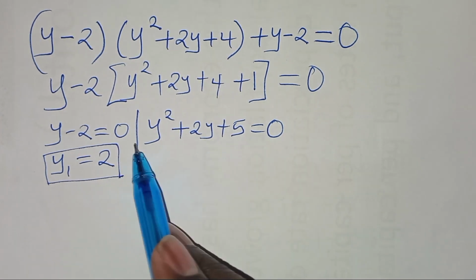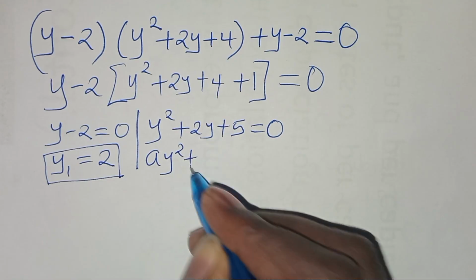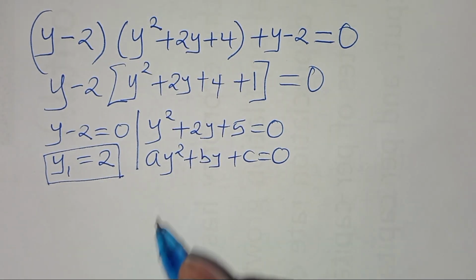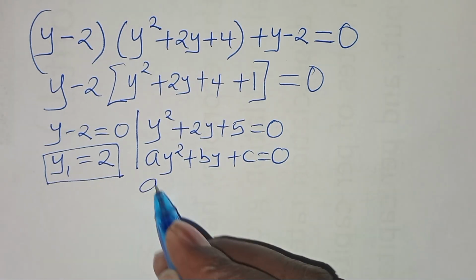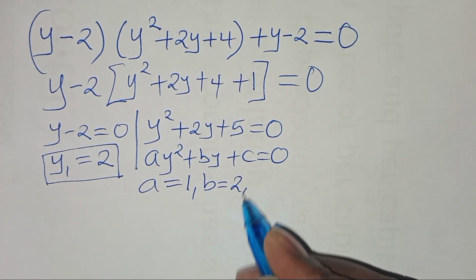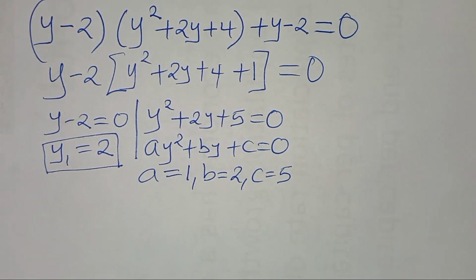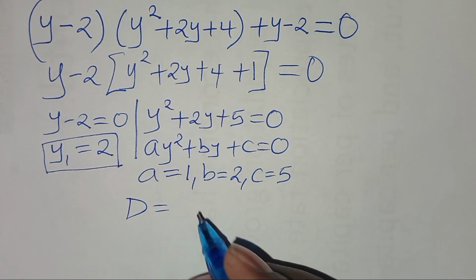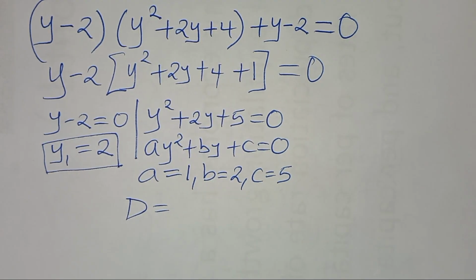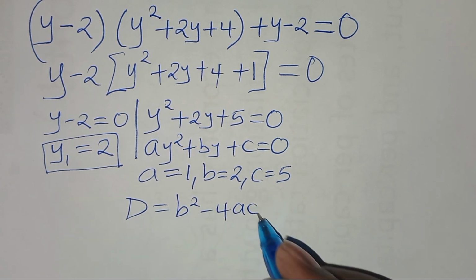Now we have the quadratic equation, which is of the form ay squared plus by plus c equal to 0. So from the quadratic equation, we have a equal to 1, b equal to 2, and c equal to 5. Now, let's determine the discriminant value so that we can know the nature of the roots of this quadratic equation, which is b squared minus 4ac.